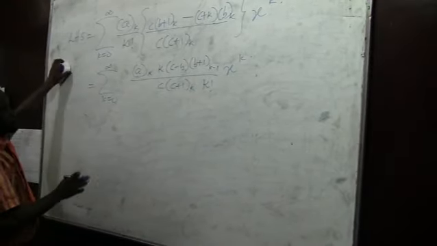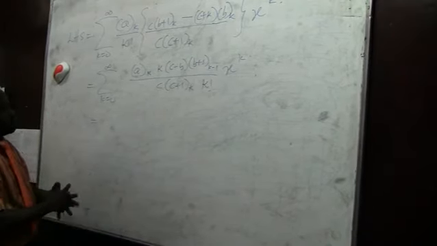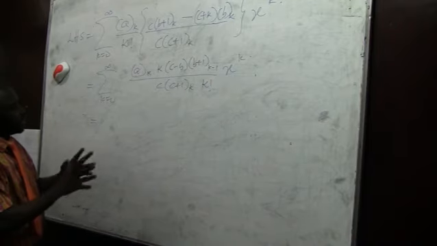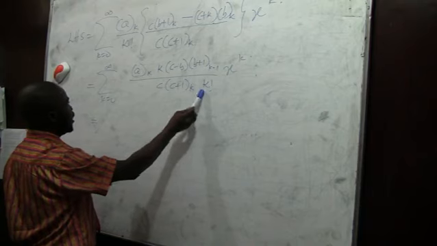Having said that, our next line of action will now be to see whether there is any simplification. Of course, there is simplification. k and k factorial can be simplified.